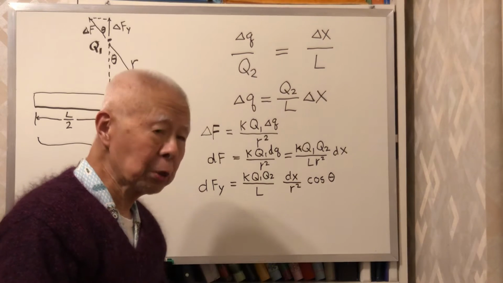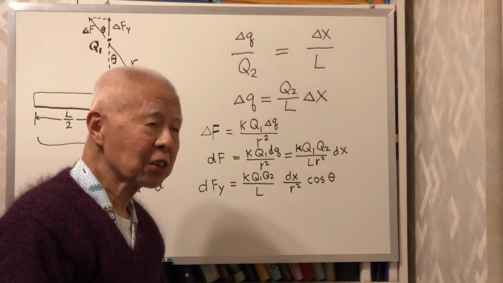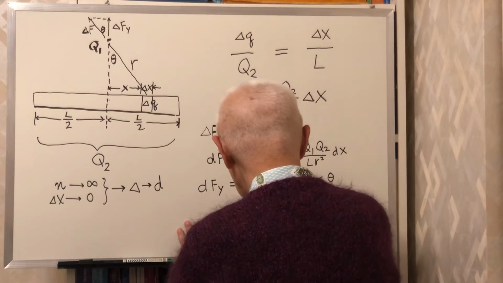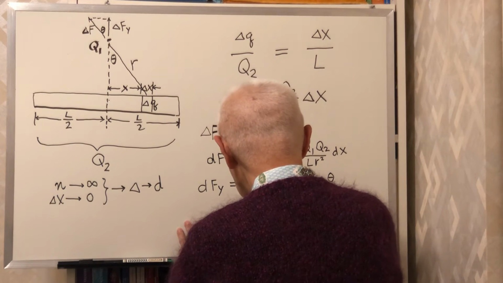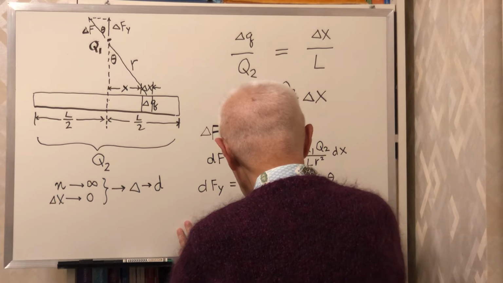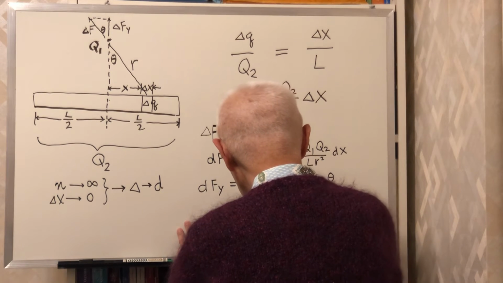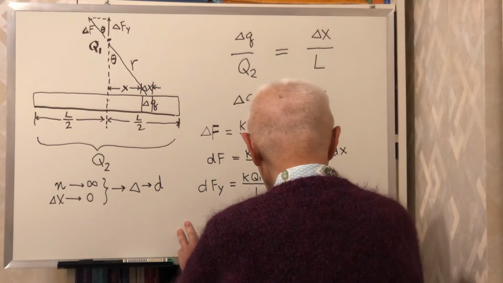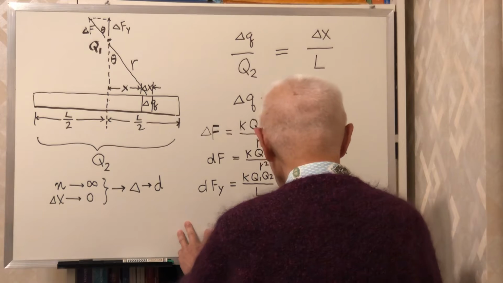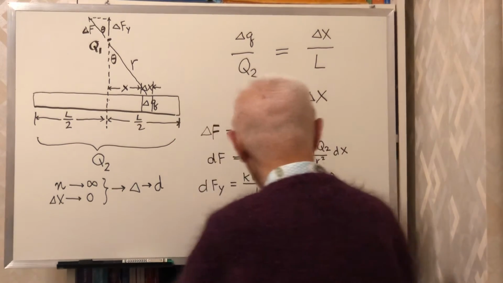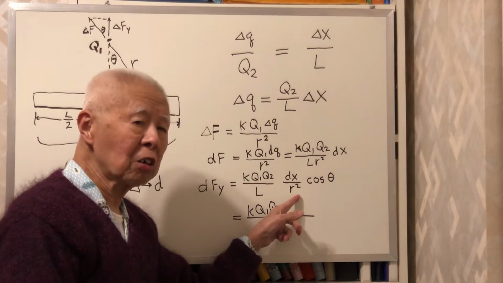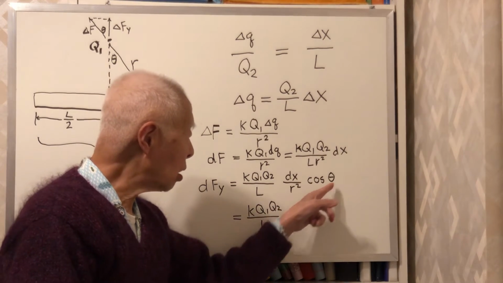The one variable we choose is theta. Q1, Q2, L. How do we change R to theta?